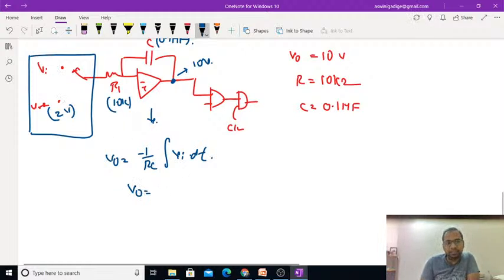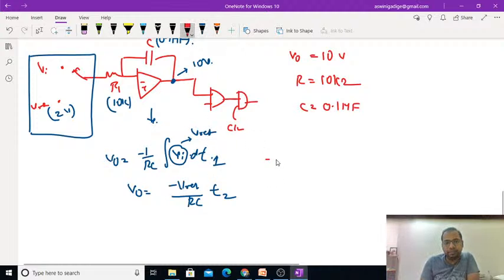But if the switch is connected to the reference voltage, in place of VI we have to take V reference. V reference is a constant, so you can take it outside, and integration of dt you can take as t. Let's take it as T2. Whenever the input voltage is connected, that becomes T1, and whenever the reference voltage is connected, we take it as T2.